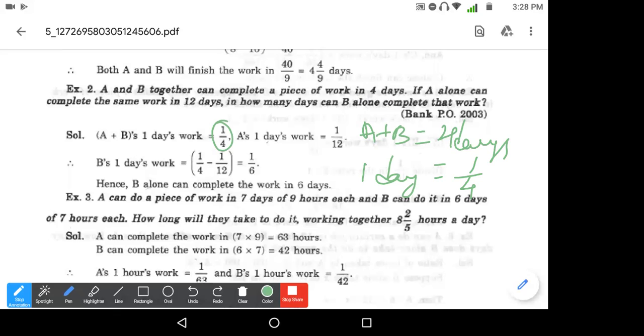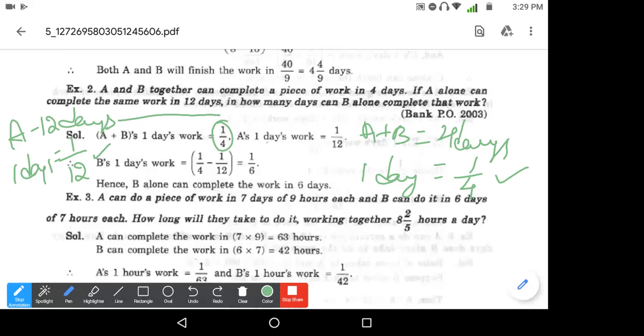Fine. Next, A is completing the work in 12 days. So for 1 day he is gonna do 1 by 12 of the work. So A plus B together is going to do 1 by 4 of the work in 1 day, and A alone is going to finish 1 by 12 of the work.